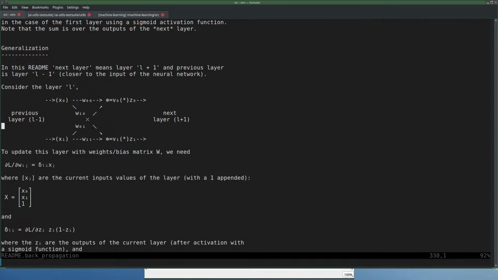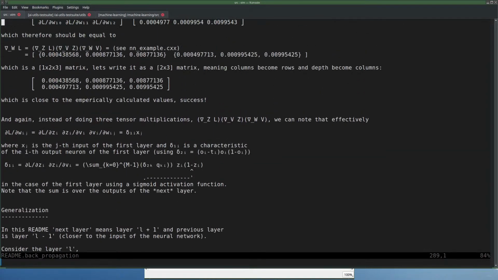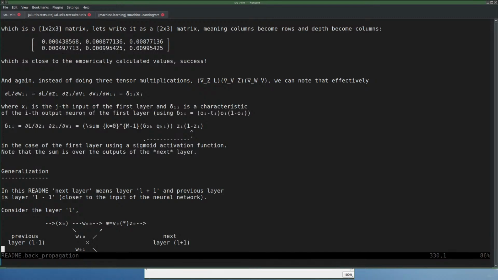Generalization. I skipped the point where I said you can do this faster.